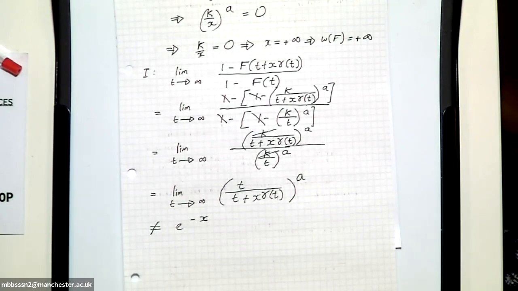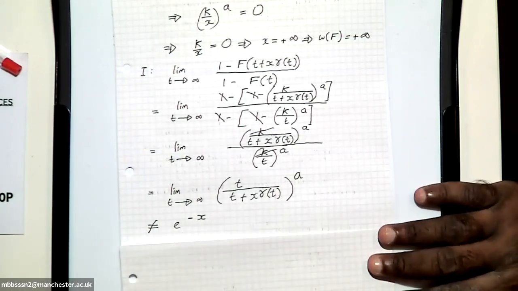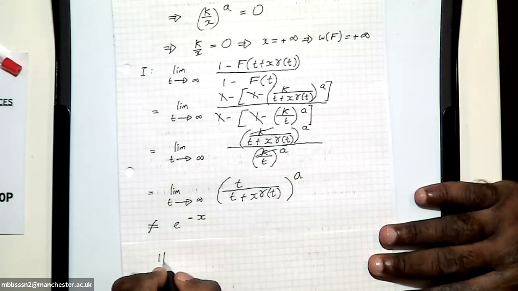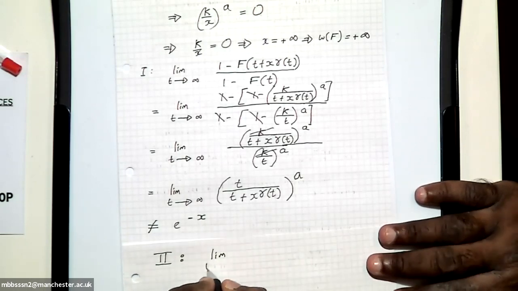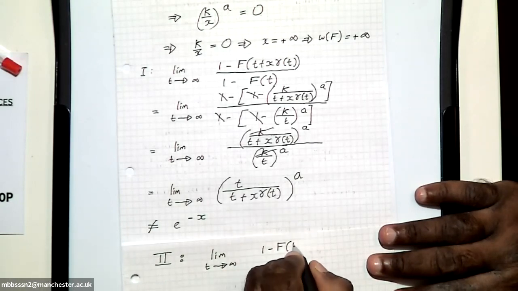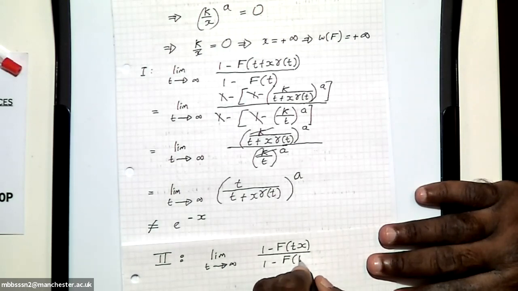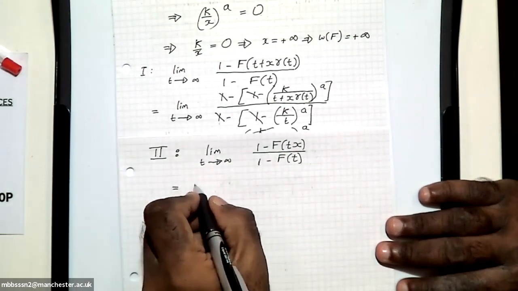So let's go to condition 2. We're going to check condition 2. Remember, condition 2 says the following: the limit as t goes to infinity of this.